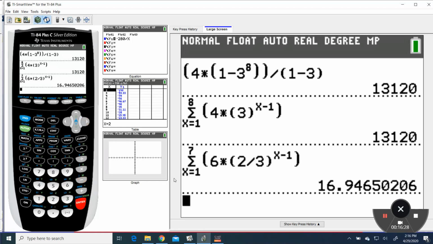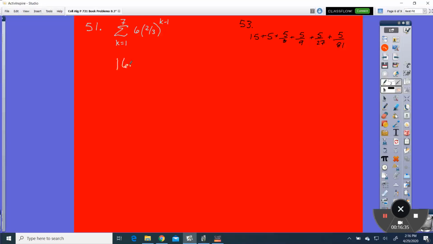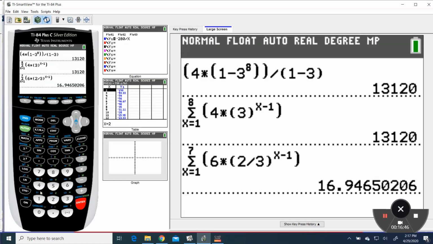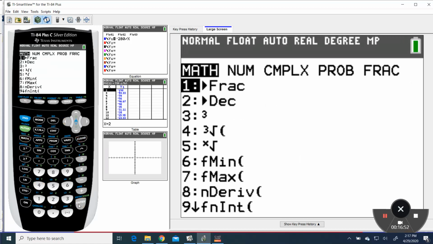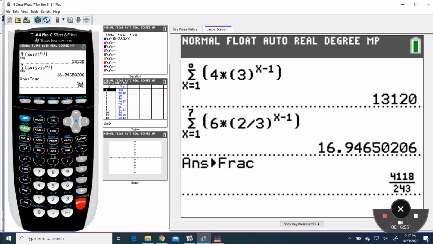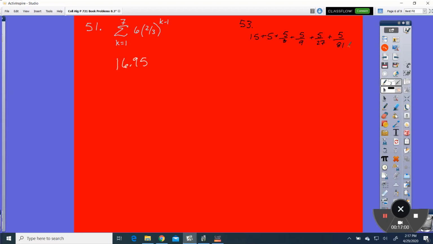Come out, hit enter. So 16.95. Or 4,118 over 243.